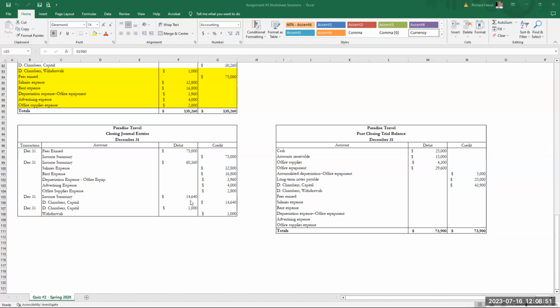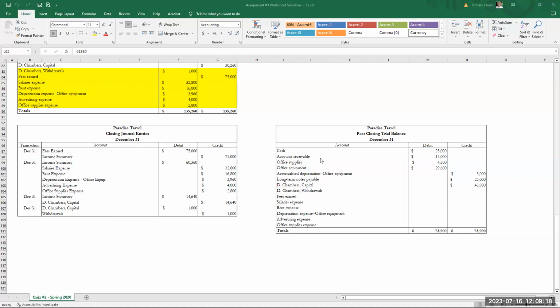And income summary then is debited 14,640. That's our profit, which zeroes out the income summary account, and you put the credit into the capital account. And then the withdrawal account of $1,000 is credited, and it's put immediately as a debit to the capital account. So if you do all that, the ending capital balance is 43,900.